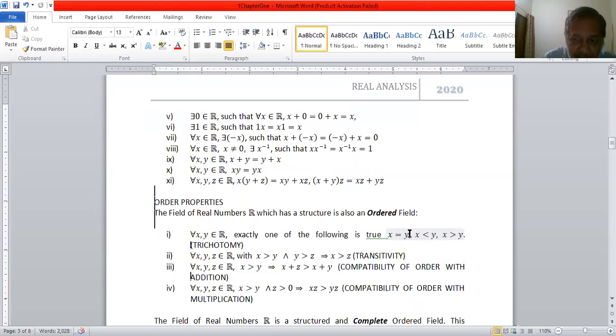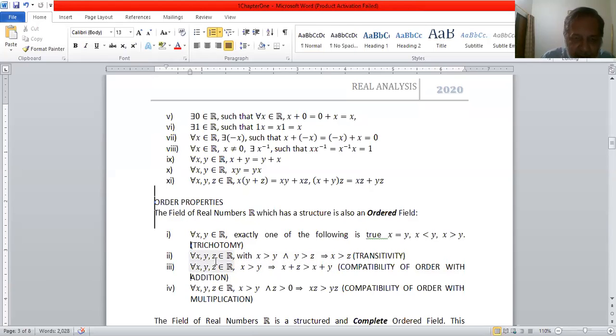Either the two numbers will be equal, or one will be smaller, or the other will be smaller. We call it law of trichotomy. तो कोई भी दो रियल नंबर ले लीजिए, इन तीन में से सिर्फ एक चीज, and that is the basic property of order. हर सेट में नहीं होता. हाँ, जिन नंबर्स की अभी तक हमने बात की उन सब में है.